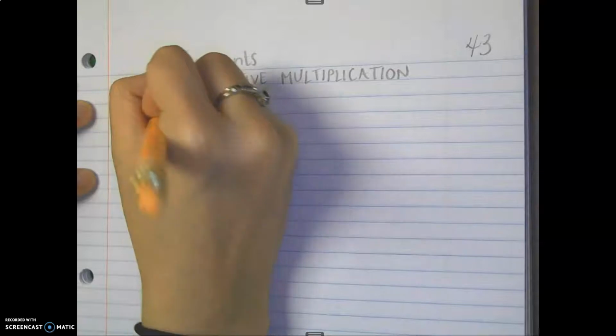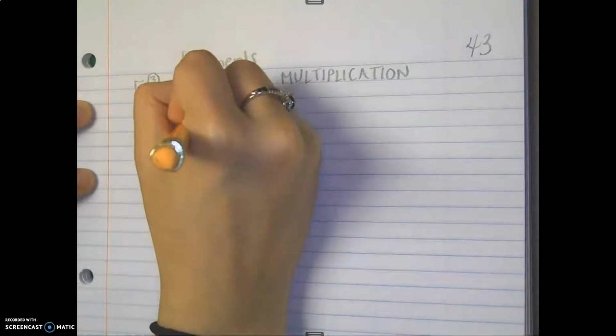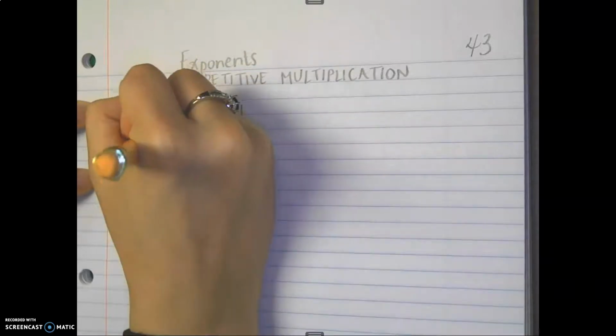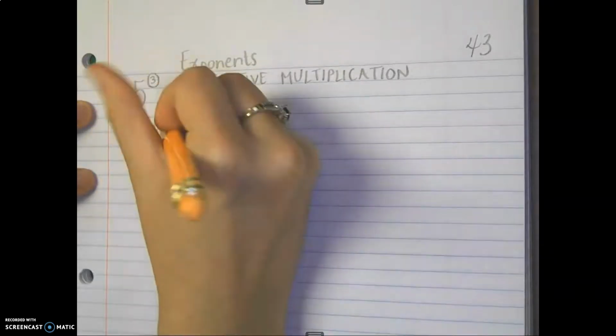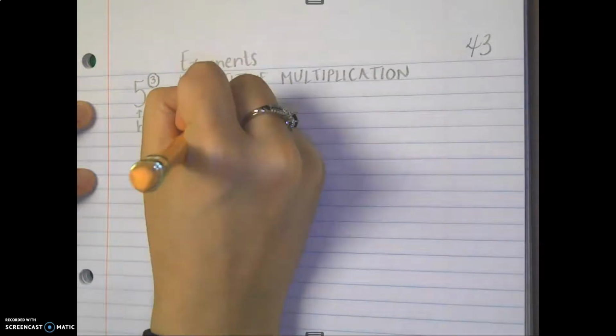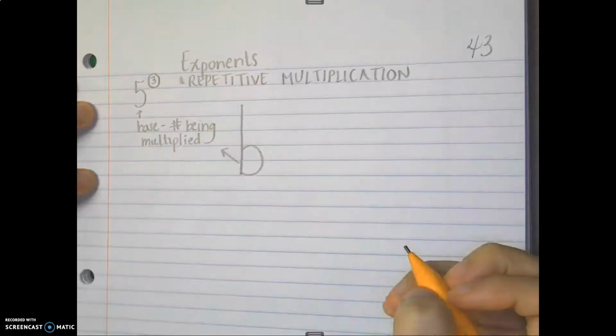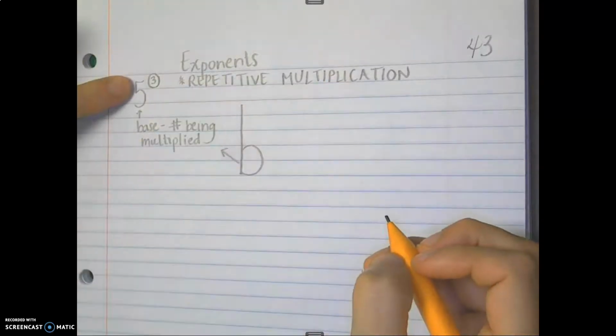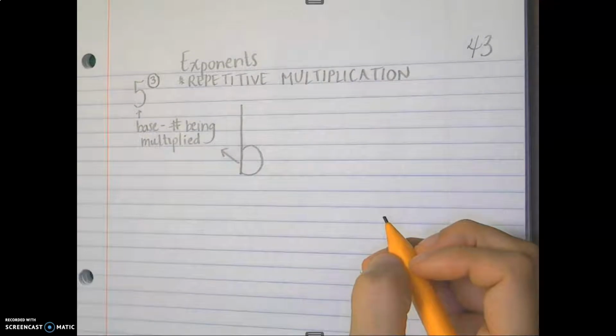And it represents the number being multiplied. So that means we're going to be multiplying the number 5. And since it's repetitive multiplication, that means we're going to be multiplying the 5 over and over and over again.